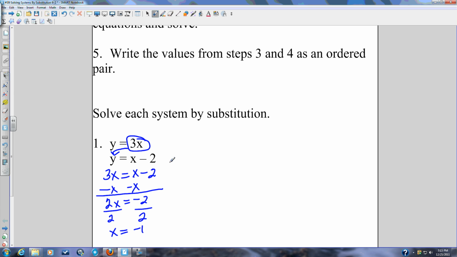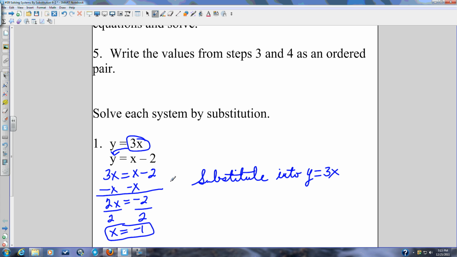Now, what we're going to do is take that value of x equals negative 1, and we are going to substitute that value into the first equation. So we're going to substitute that into y equals 3x.